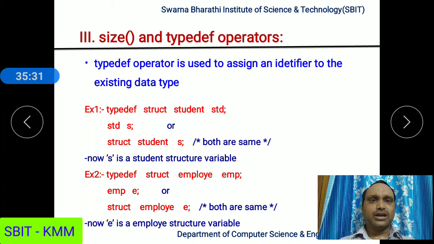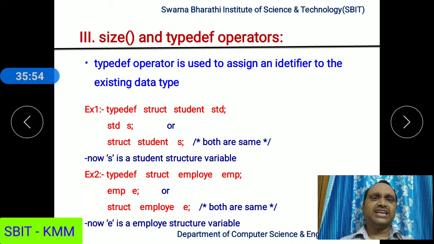Now the person possesses his original name along with this nickname. You can refer to that person using his original name, or you can refer to the same person using his nickname. Whether you use the nickname or the original name, he will respond.